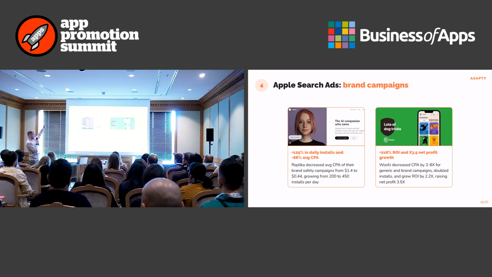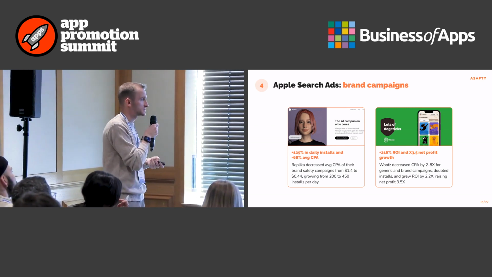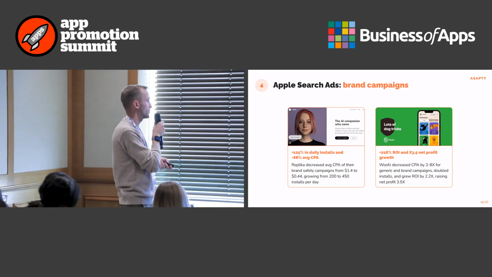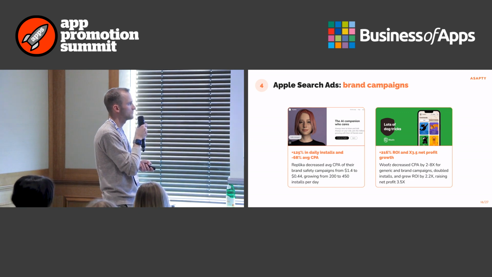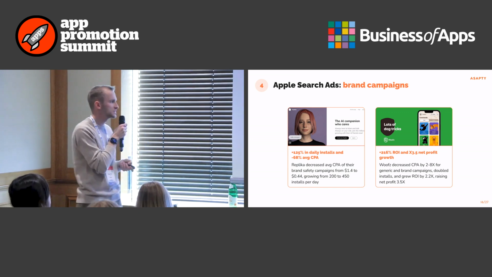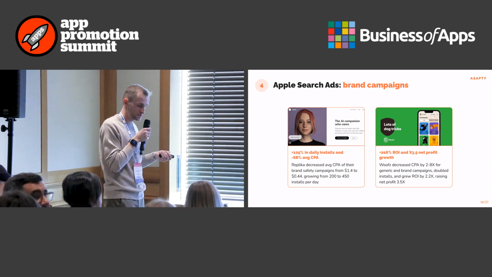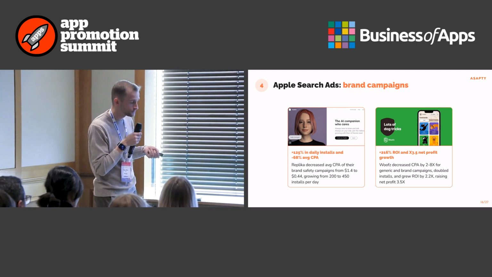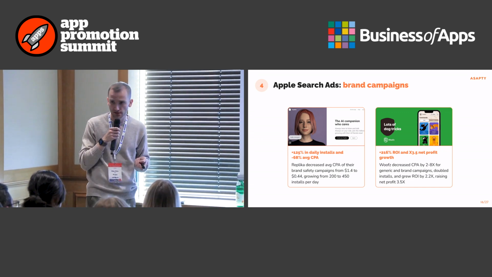And the thing that I've mentioned before, we have two really great cases with the buy-in of the brand traffic. We have two completely opposite customers. One is Replika, which is the biggest AI companion app, I guess, and they asked us to increase the results of their brand safety campaigns and to increase the amount of their generic keywords.